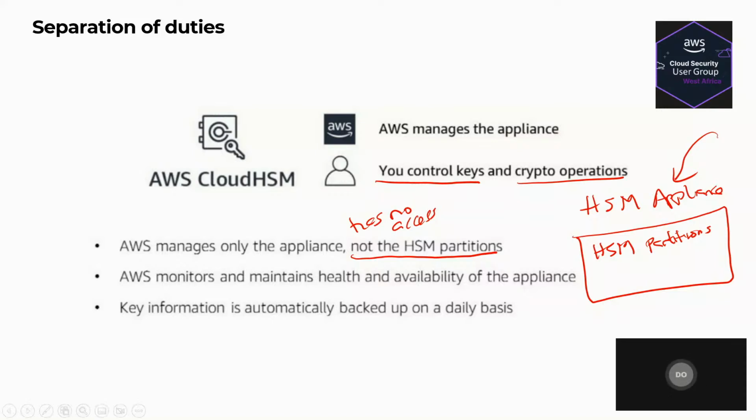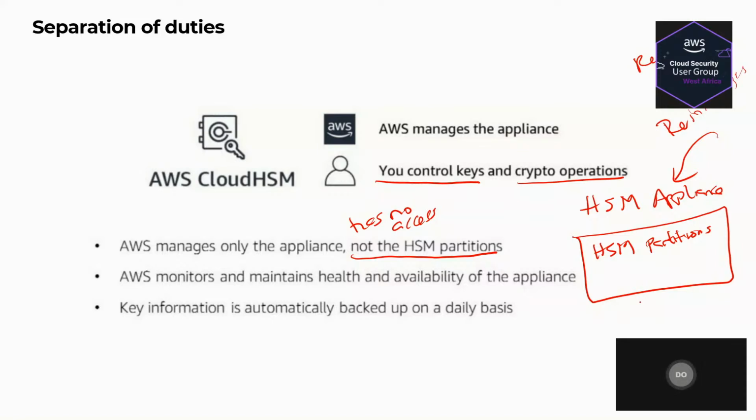Let's say someone at AWS, or their automation system goes wrong, and all of a sudden their automation system reinitializes the appliance. That's not good. Reinitialization is like doing a reset. And when you do a reset, you lose everything inside that appliance. So damage can still be done.